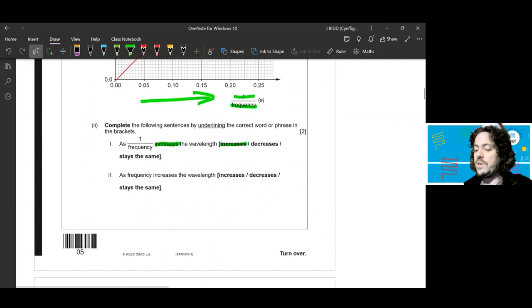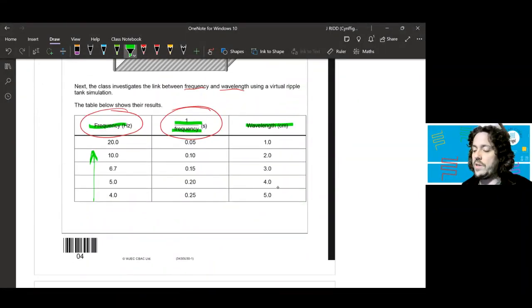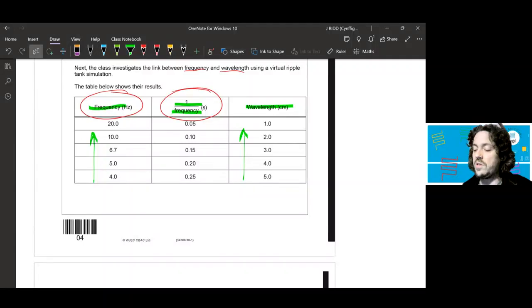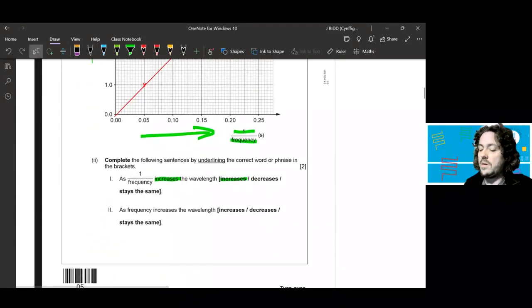What does the wavelength do? If we look up the table, the wavelength will actually go down. So as the frequency increases, you can see that the trend in wavelength is for it to decrease. As the frequency increases, the wavelength decreases.